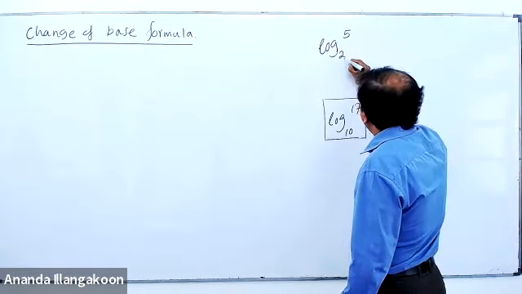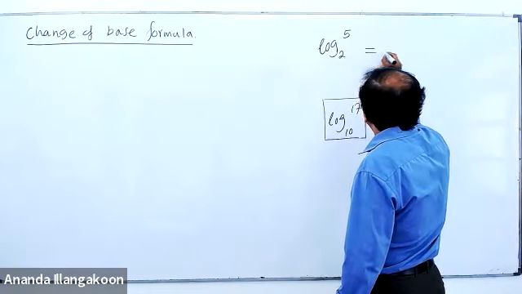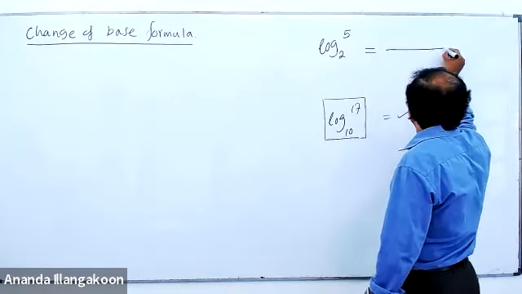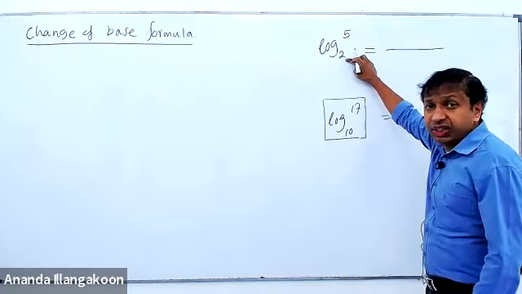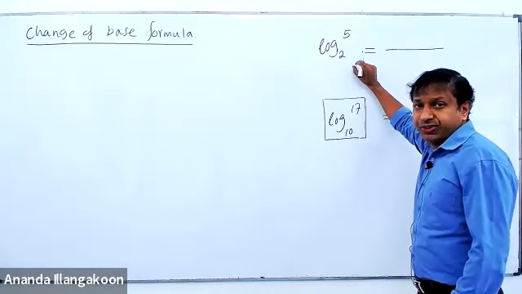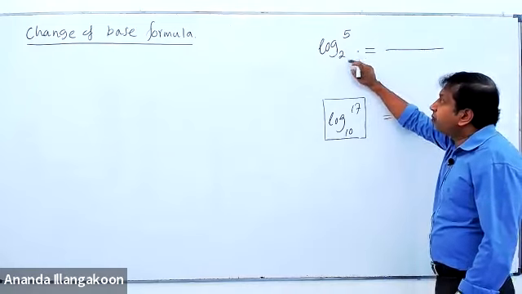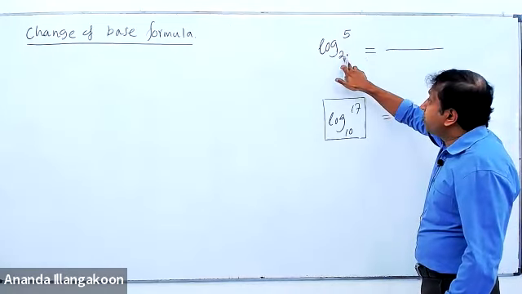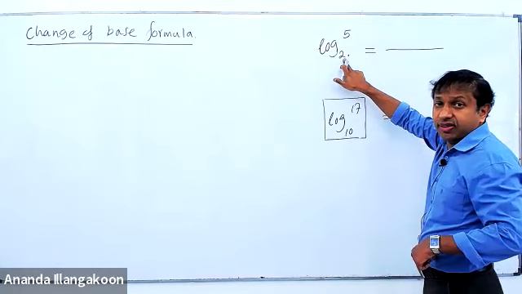The base on the left-hand side is 2. People, this change of base formula, by its name, says the base we can change to another new base. Now, I am going to change this base 2 to base 10.